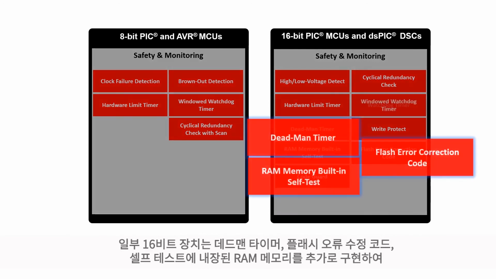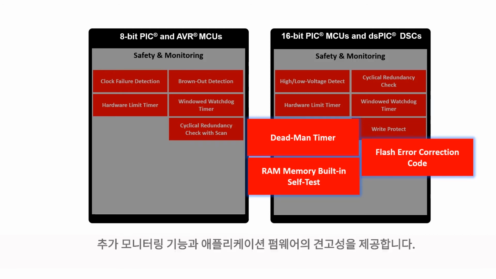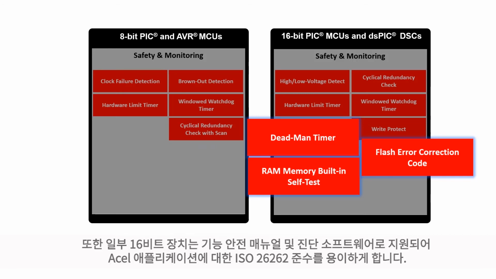Select 16-bit devices further implement a deadman timer, flash error correction code, and RAM memory built-in self-test for further monitoring application firmware robustness. In addition, some of the 16-bit devices are also supported with functional safety manuals and diagnostic software to ease ISO 26262 compliance for ASIL applications.